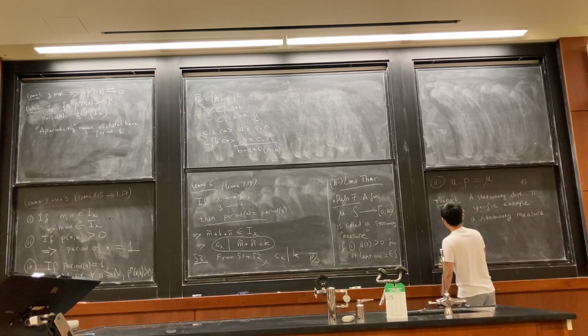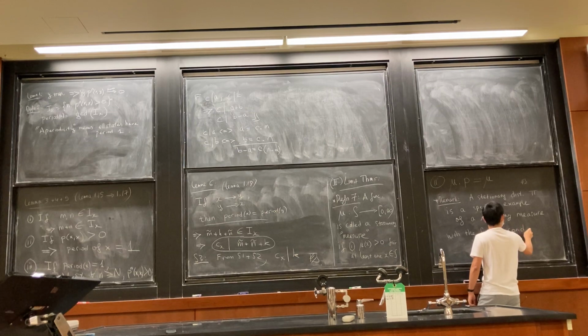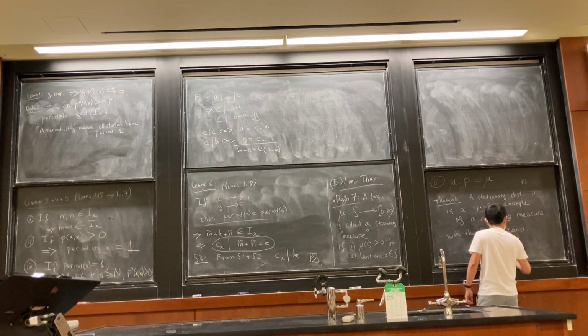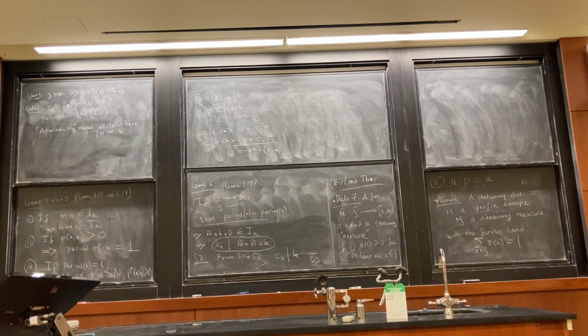With the further condition on being a distribution, that the summation of pi(x) is equal to 1 over S. So pi, a stationary distribution, is simply, according to the definition over here, a stationary measure with the restricted condition that the sum is 1, because it is a probability distribution.